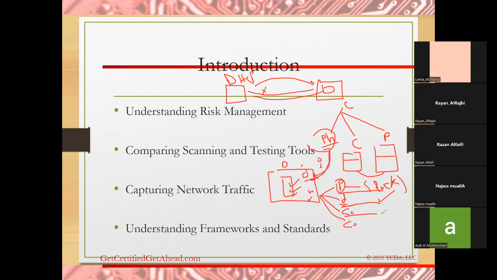I need to have something called corrective control. Corrective control: if I find any issue or incident in my room, I should be able to call the police, or call a guard to go check who is in my room right now. So this is what we call corrective controls.